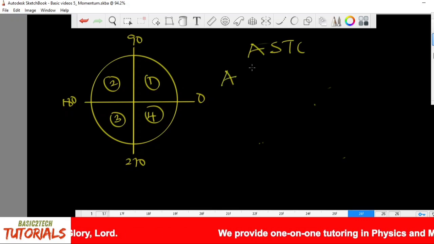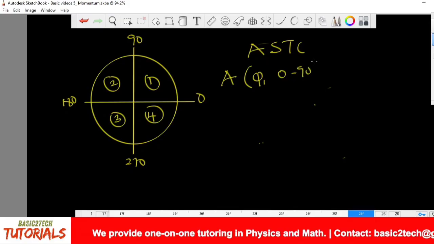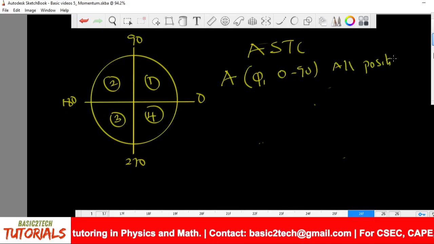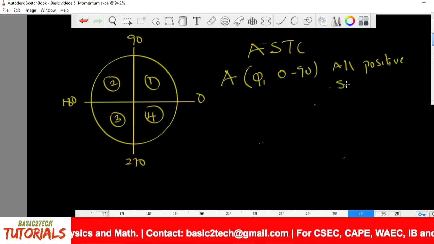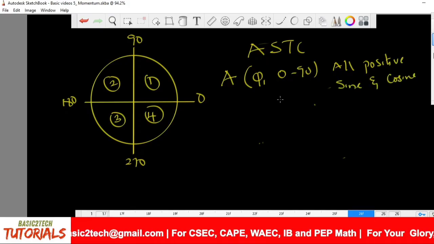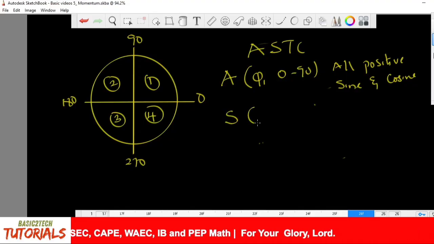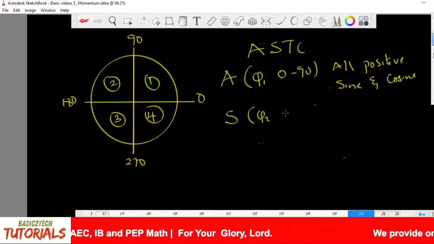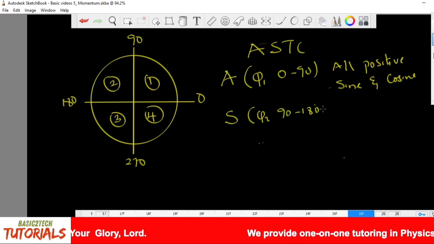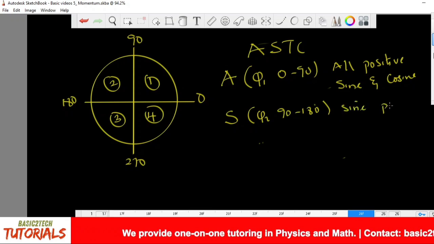So the A means that in quadrant 1, from 0 to 90, all are positive. So it means that sine and cosine are positive in quadrant 1. The S is for quadrant 2. It states that from 90 to 180, only sine is positive.